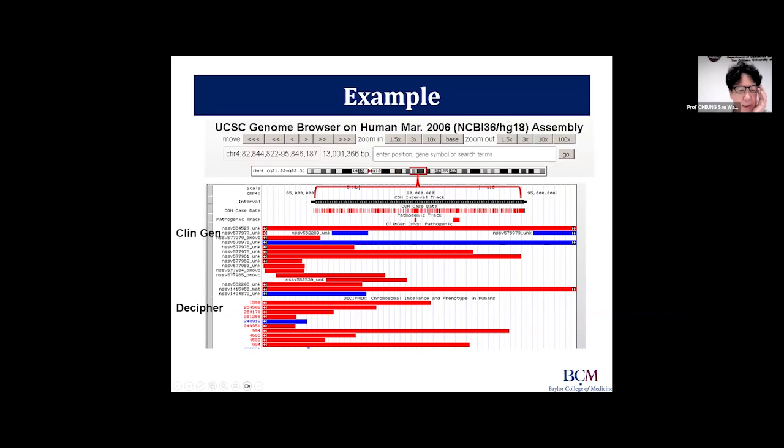On the UCSC browser you could click on ClinGen or on DECIPHER, where entries are shown in red or blue. Red is deletion, blue is duplication, so you can see if there is any patient similar to what this patient represents.